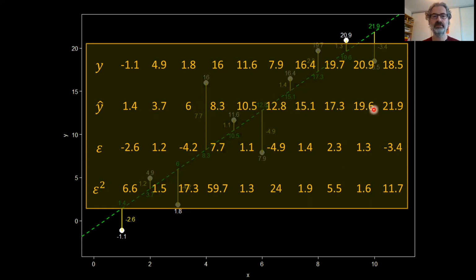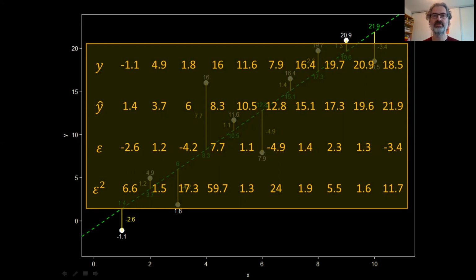For this particular line, these are our estimates for y. And the difference between the actual and the estimated values is the error or the residual for each data point. So the difference between these two numbers is this. And the difference between these two numbers is this, and so on. These are all the residuals.